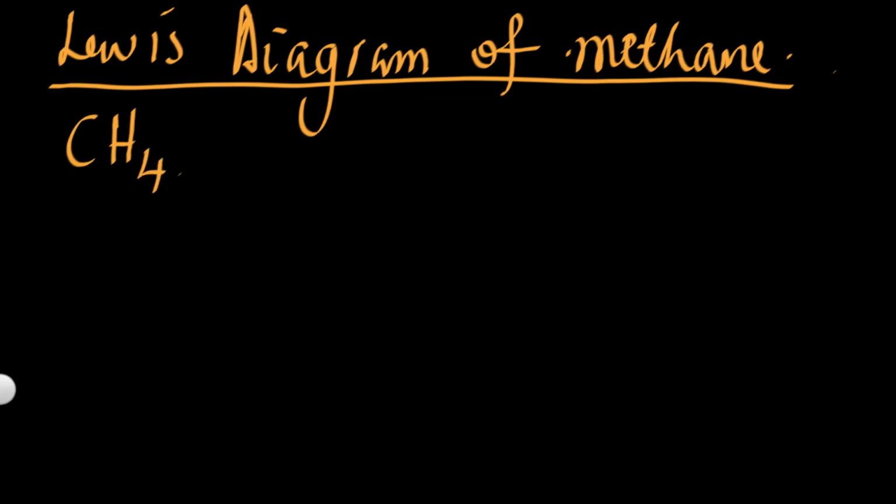From here, I can see from the formula that I have 1 carbon atom and 4 hydrogen atoms. Now, I have to know which one is the central atom and which ones are the peripheral atoms. In this case, carbon is our central atom.